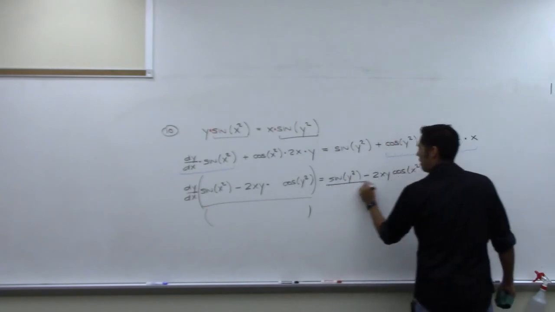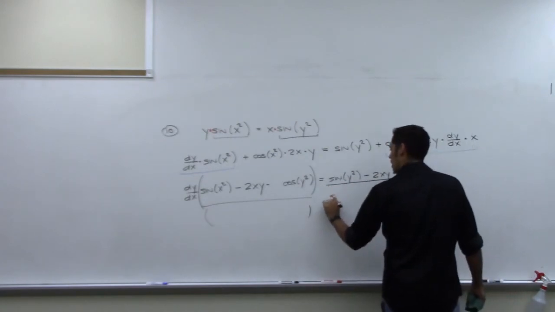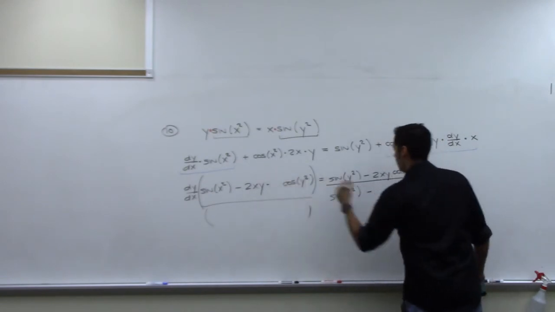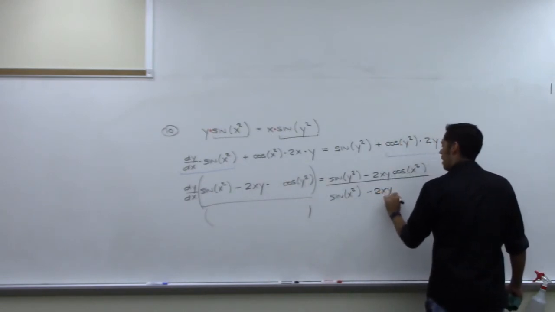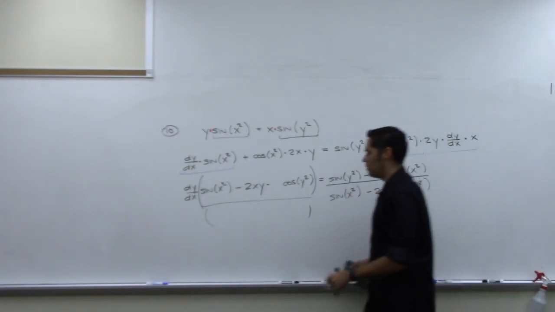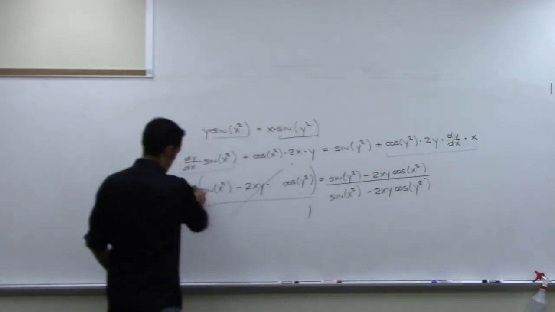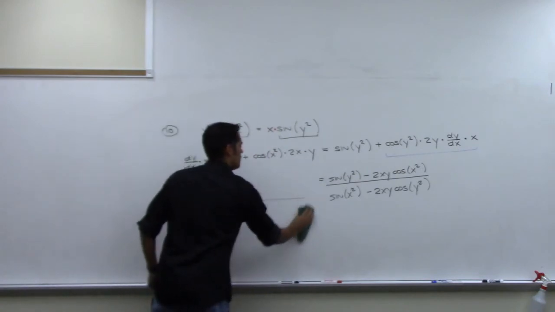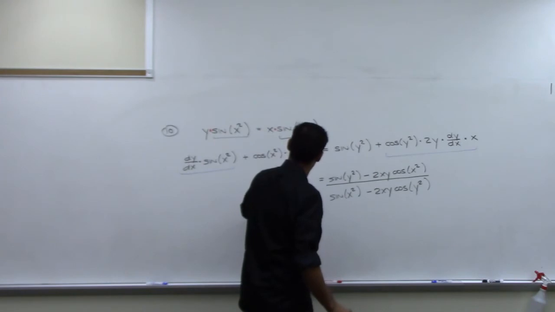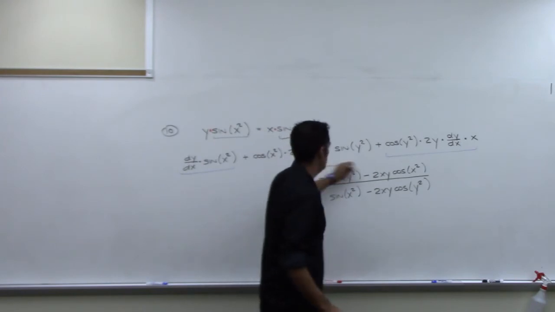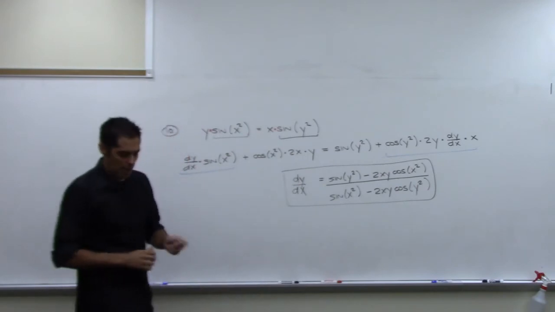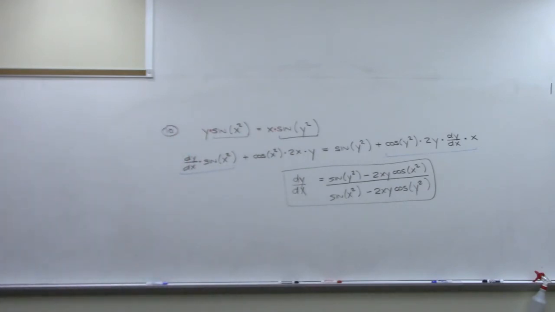So if I divide this side by that big thing, I get sine x squared minus, this whole thing together is 2xy cosine y squared. And all that would be left over here when I cancel these out is dy/dx. So I get dy/dx is this. All right, I will do a little more later on.